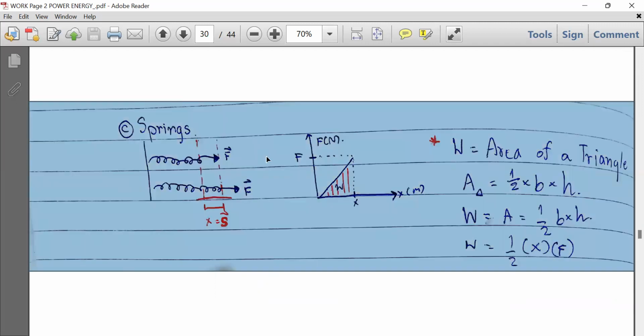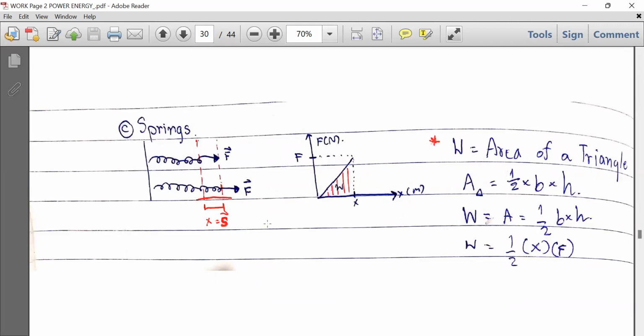There will be an increase in the length of the spring if you stretch it with a force F. So the elongation is equal to X. That is equal to S, or the displacement. So X is the elongation, the added length after you stretch the spring or after you compress the spring. The spring can be stretched, and it can also be compressed.